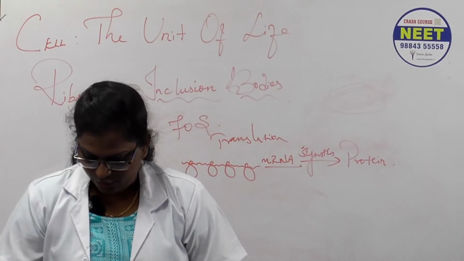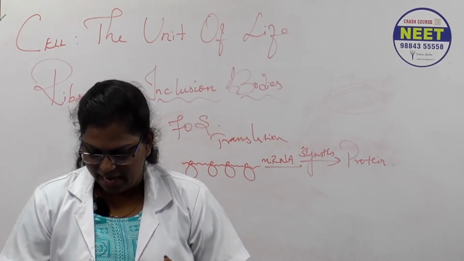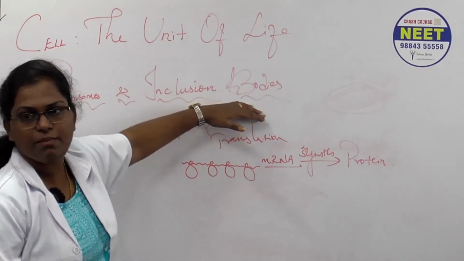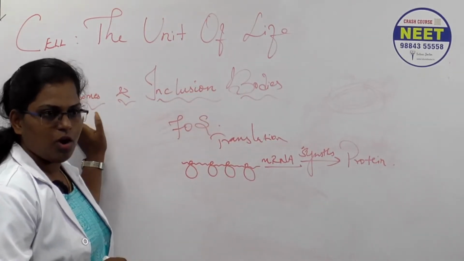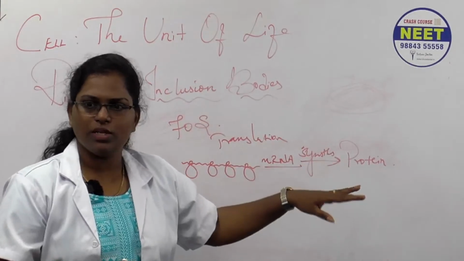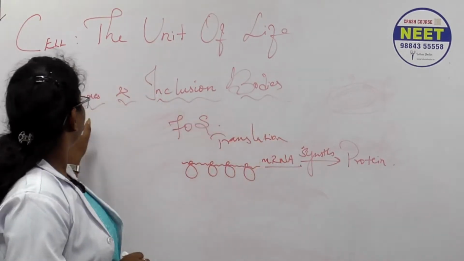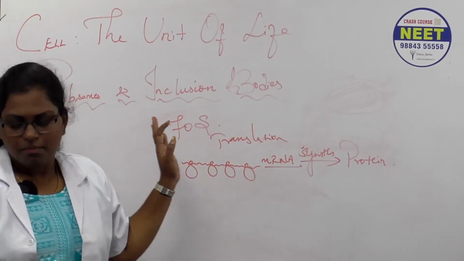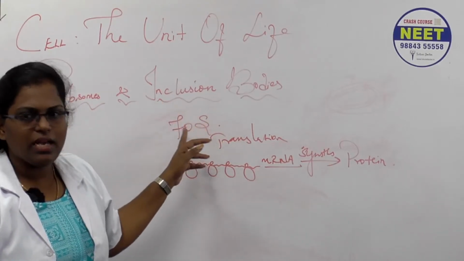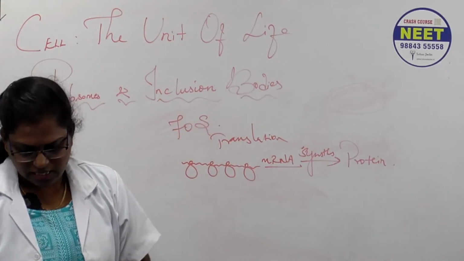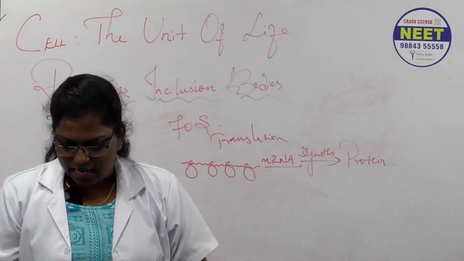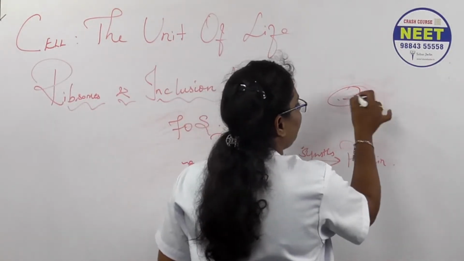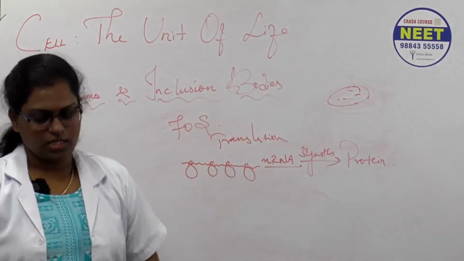Inclusion bodies are not bound by any membrane system, because they lack membrane-bound organelles. Eukaryotes have membrane-bound organelles, whereas prokaryotes lack them. Ribosomes are present in both prokaryotes and eukaryotes. But inclusion bodies are not bound by any membrane because they lie free in the cytoplasm.